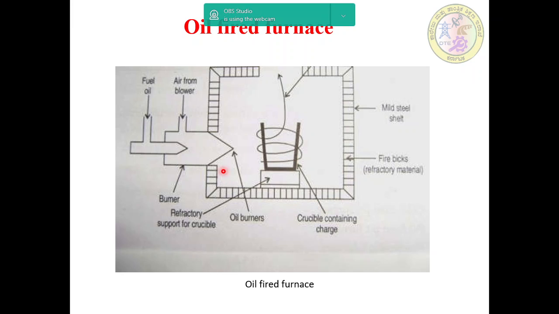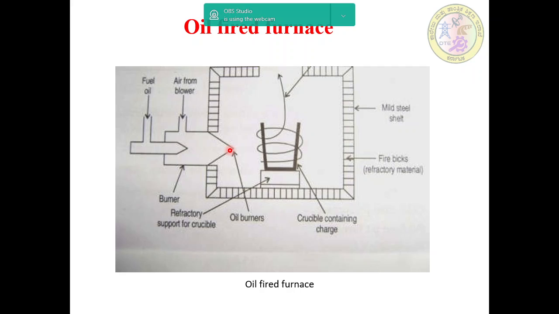Again, the outer layer is mild steel, and then fire bricks are placed. Above the fire bricks you place some refractory to support the pedestal, and above that you place the crucible. The fuel is supplied to the oil burner and ignited, and the flames can be controlled.